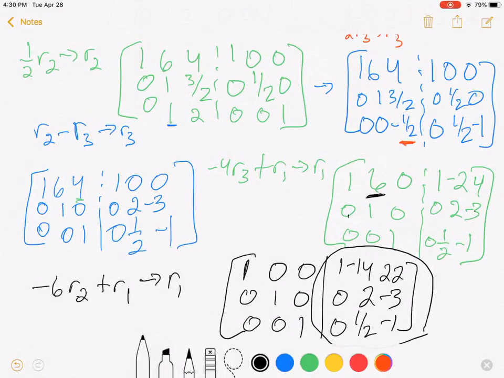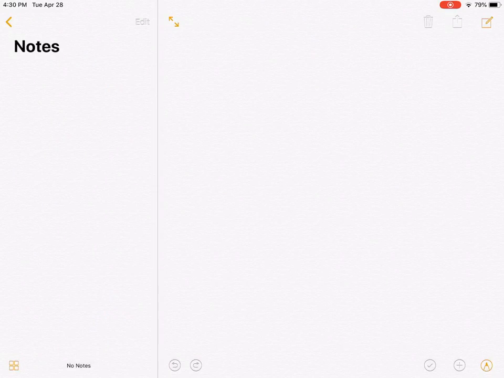Okay? Awesome. Let's do another one. Let's do number 4. Number 4 says, solve this system. They do give you some stipulations to solve it, okay? So the system looks like this. This is number 4.